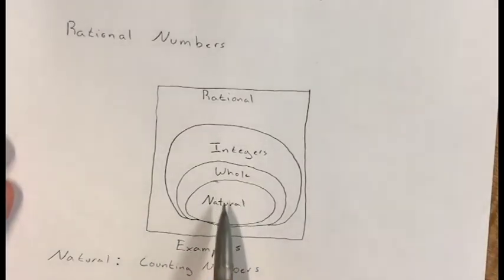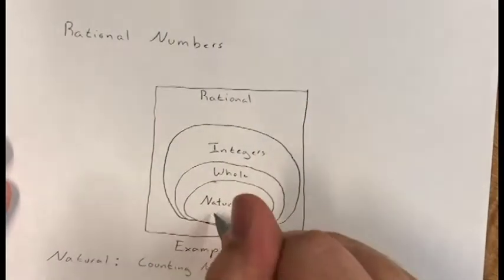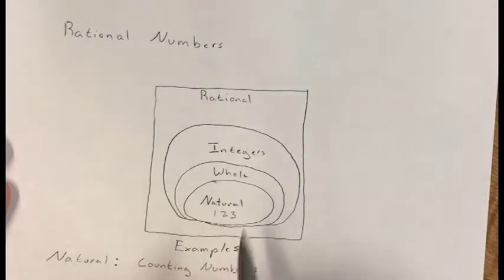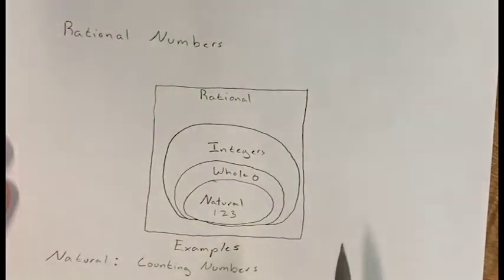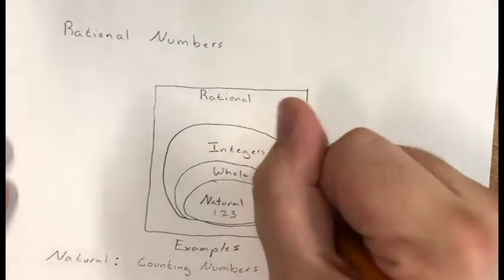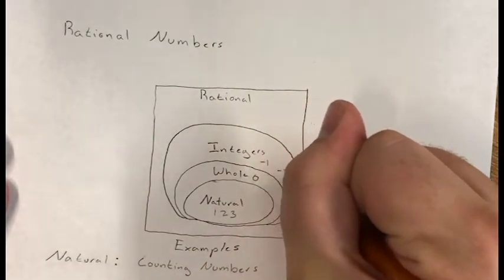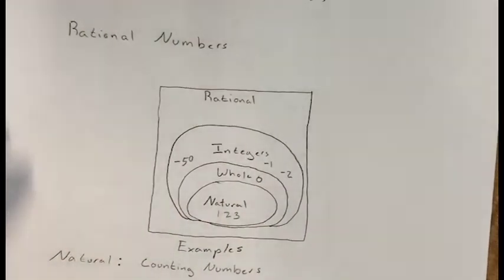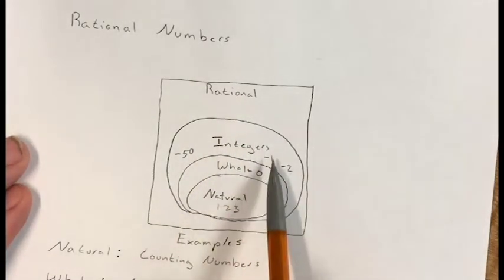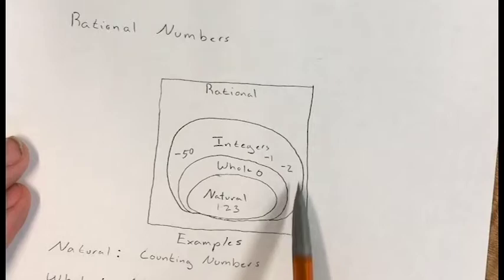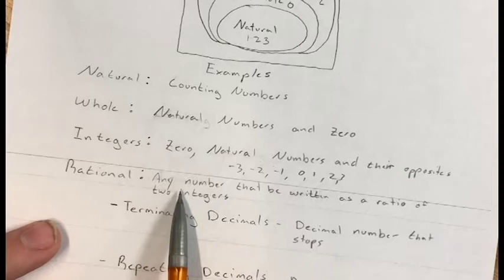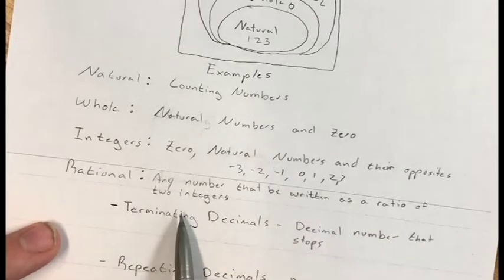So when you look at this graph, we have natural numbers, which would be 1, 2, 3, 4. Whole numbers, which include all your natural numbers and the number 0. All right. And then integers, which include your natural numbers, your whole numbers, and then your numbers like your -1, -2, -50, and so forth. All right, now we get to something called rational numbers. Well, rational numbers include all of these things that we just talked about, which you already know, but it also says this: any number that can be written as a ratio of two integers.